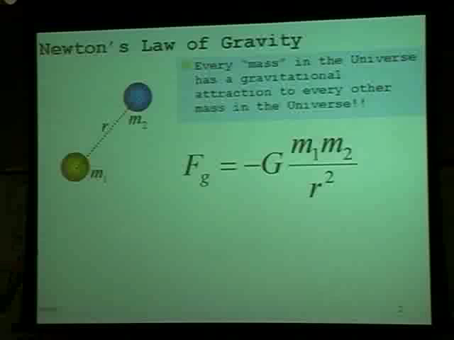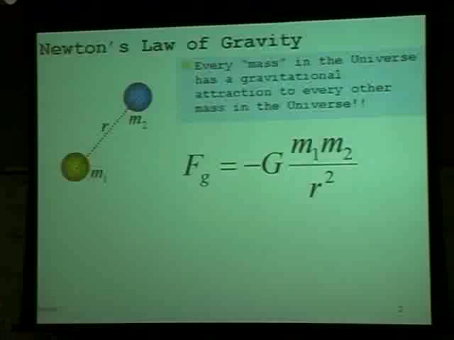If you increase the mass of the other, the force between them would increase proportionally. And if you increase the distance between them, the force drops off by that distance squared. And this force is attractive, so that's what the minus sign means. And it's attractive between every mass in the universe. Every mass in the universe has an attractive force on every other mass in the universe.